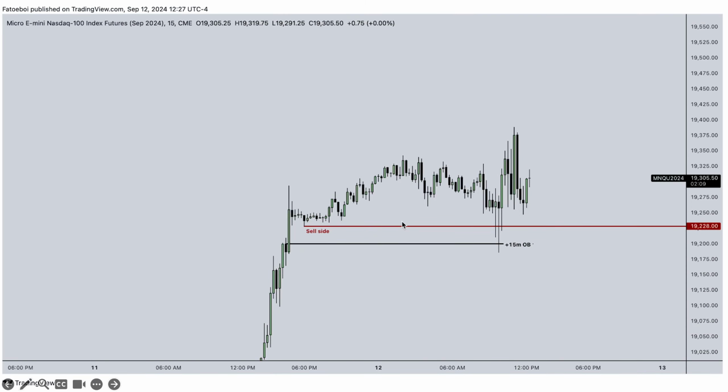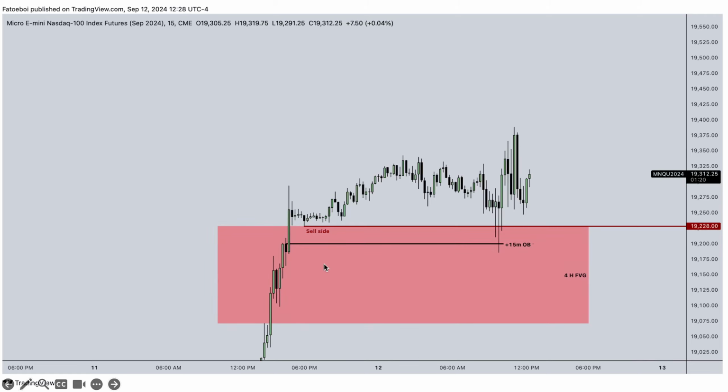So let's jump into the 50-minute chart. Now take a guess where the 25% wick is, what I mentioned. That's here, right here. But first, the fair value gap. We can see inside that fair value gap, the 25% range of that, that's where the price exactly stopped.